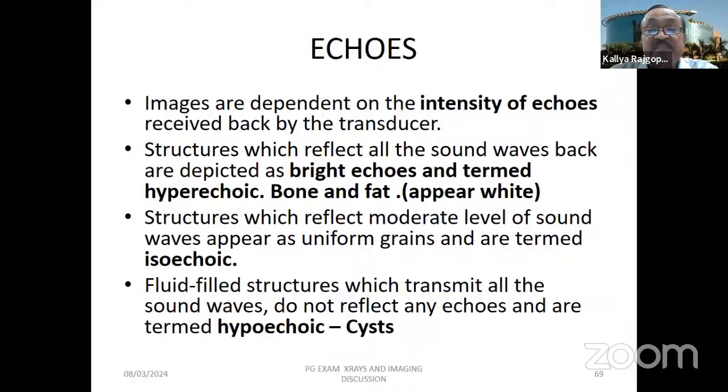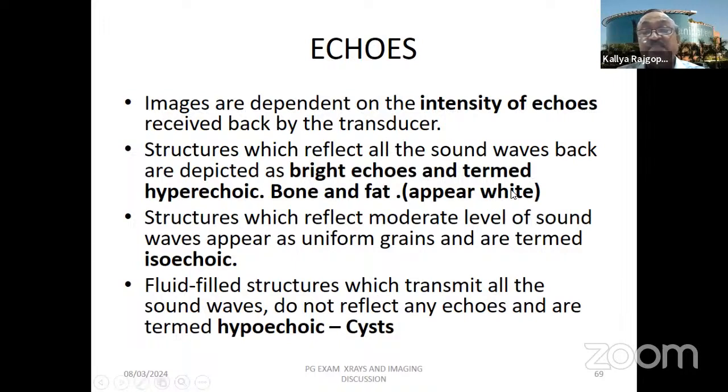But when structures reflect all the sound waves back, you see very bright spots, which are called hyperechoic. Classical examples are bone and fat. Sometimes you have seen sonologists' reports mentioning fat attenuation, bright fat.